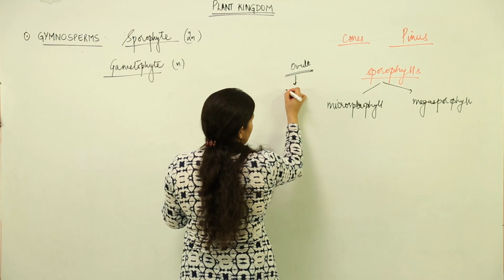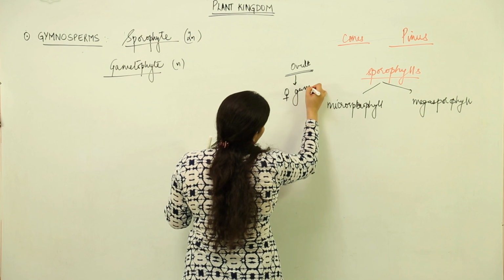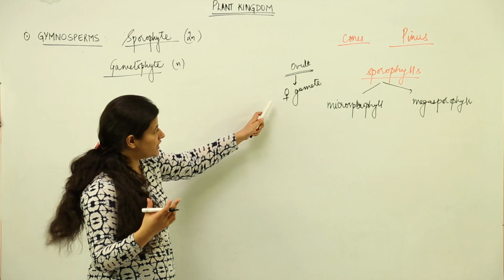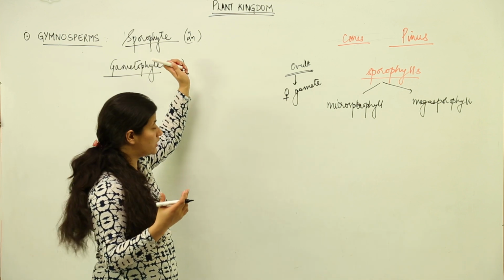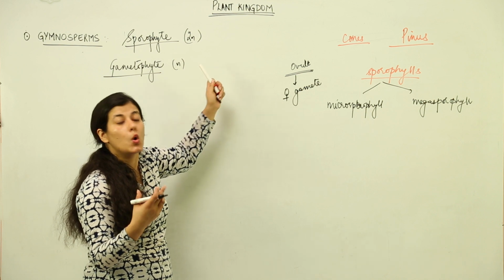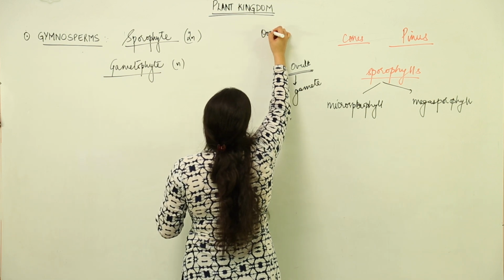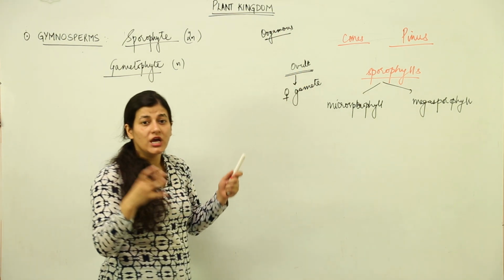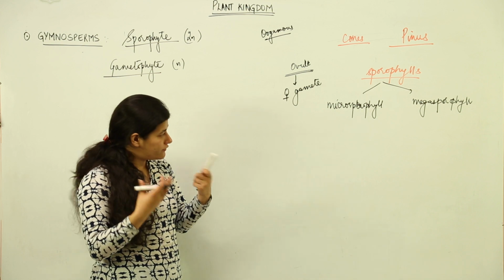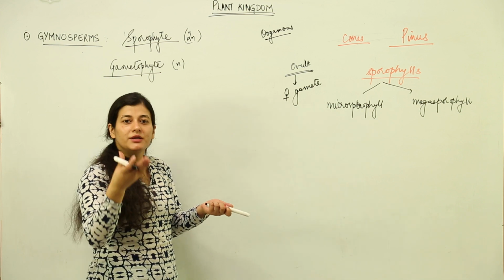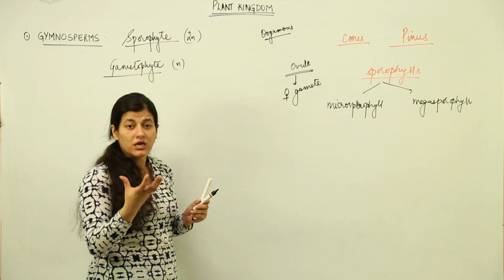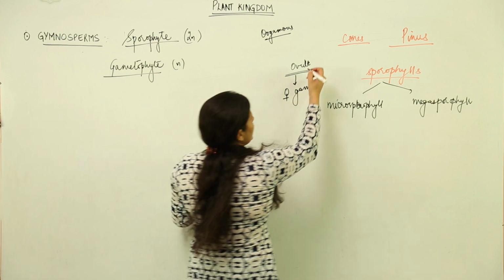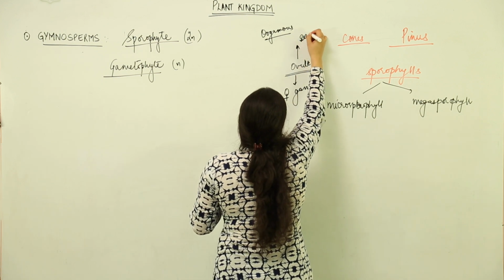The fertilization in these gymnosperms is of the oogamous type, which means the male gamete comes to the female gamete. The female gamete has stored a lot of food material, is larger in size, and is present inside the ovule. This ovule later on forms the seeds.